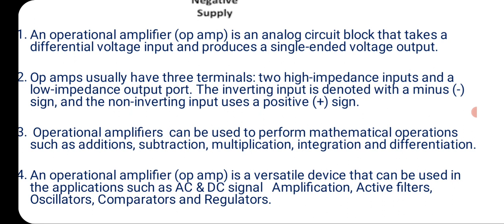Filtering means taking out the unwanted part of the signal, removing the portion of the signal which is unwanted. This can be achieved with the help of an operational amplifier. Then the op amp can be used in oscillators, as a comparator, and as a regulator. These are very important applications of the op amp.